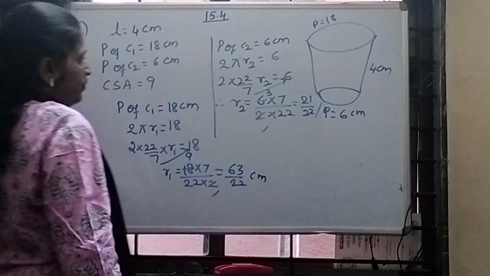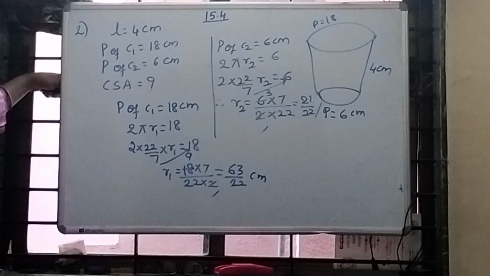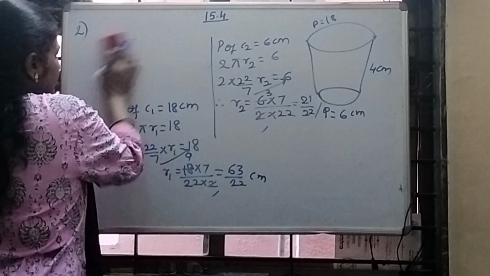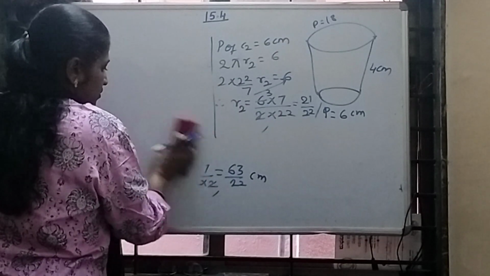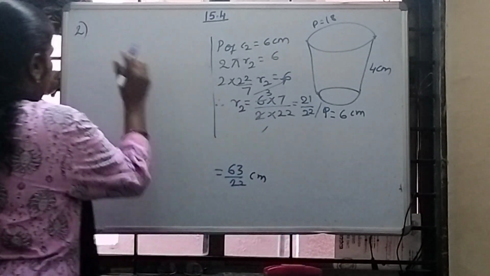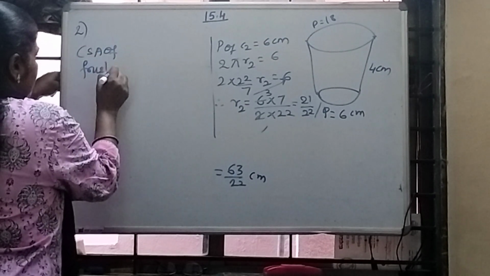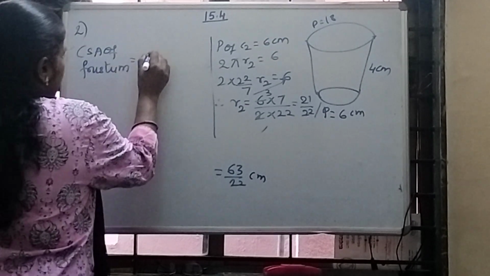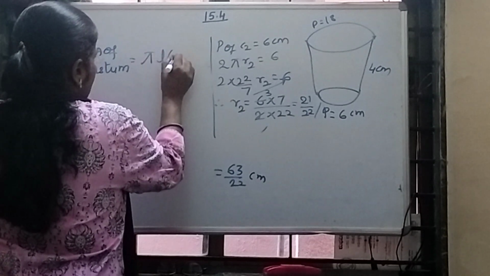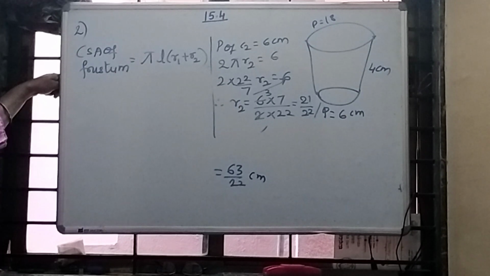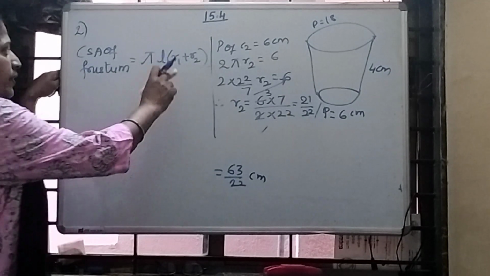Now we need to find the curved surface area of the given frustum. CSA of frustum is equal to pi L into R1 plus R2. The CSA of a cone is pi R L, but since here there are two radii, we take it like this.